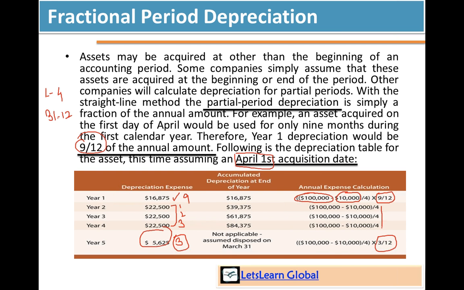See, here 3 years are completed, here 9 months, here 3 months. So total it gives you 4 years. So in the last year you'll have to calculate depreciation for only 3 months, and it is going to be sold or discarded or disposed of on March 31st.